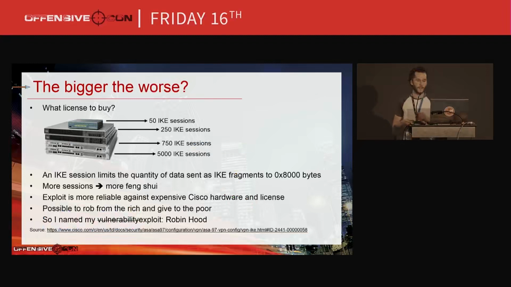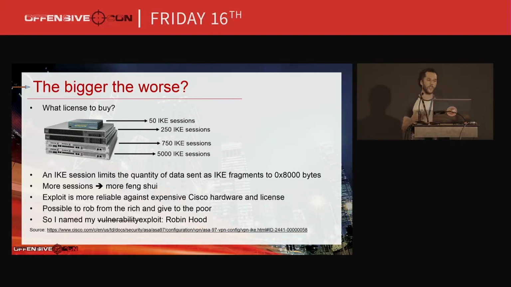So earlier, the title of the presentation is Robin Hood against Cisco ASAs. Why Robin Hood? Originally, I was like, okay, I need to leverage IKE to exploit the bug. And interestingly, some really old devices only have 50 IKE sessions available.